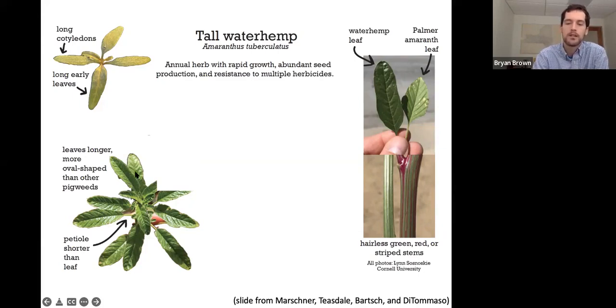Again, that darker shade of green, and the stems are hairless. Unlike our more common pigweeds, tall water hemp has male and female plants, which we call dioecious. So you can see that some plants have pollen and some plants will produce seeds.